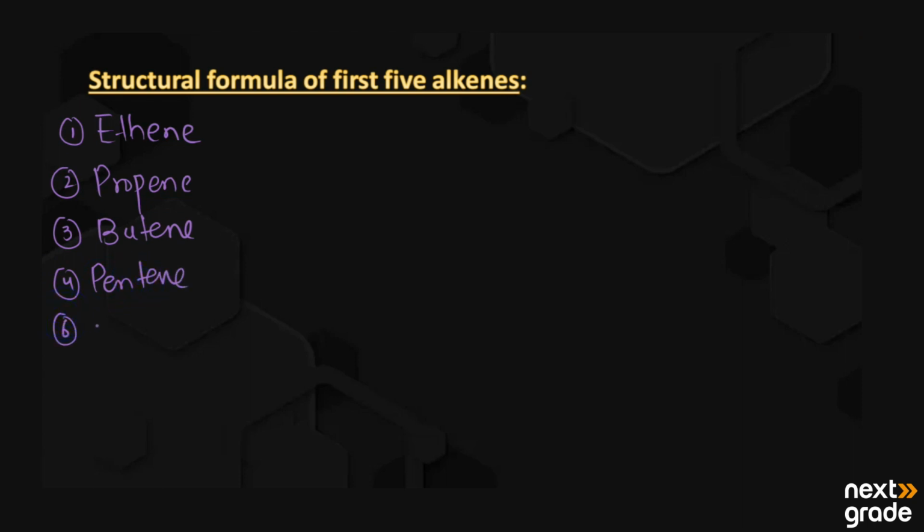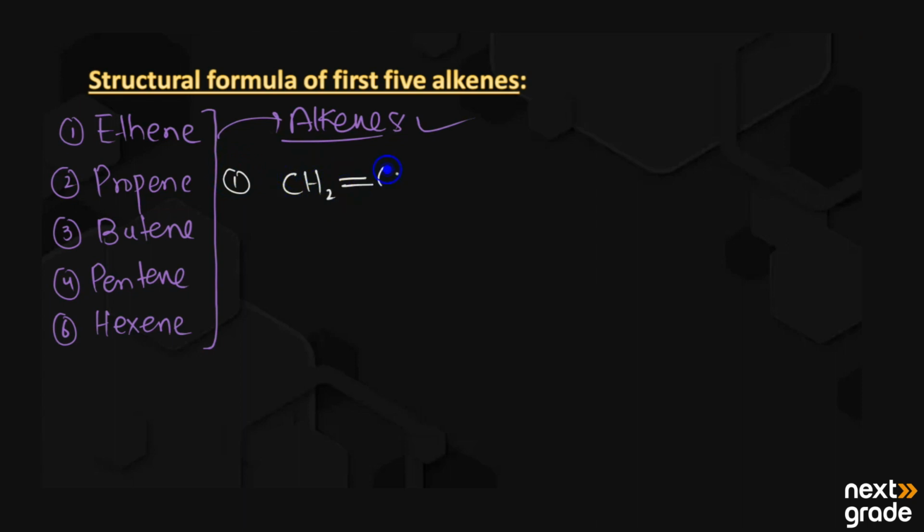And the fifth one is hexene. So these are the first five alkenes.